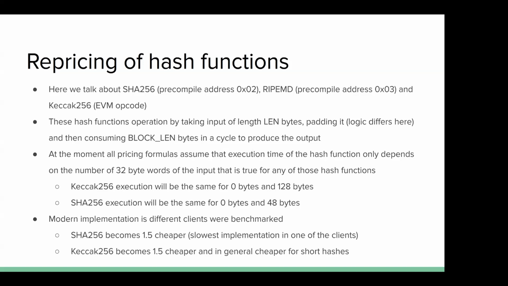It still doesn't change the fact that if one would compare old pricing formulas and new pricing formulas, then for almost every value, you still would get a 1.5x reduction of the price. And it's also not a DOS vector because clients can handle it. And this is compared to the slowest implementations between the clients. If one would actually do it based on the fastest one, then this discount will be even larger, much closer to 2.